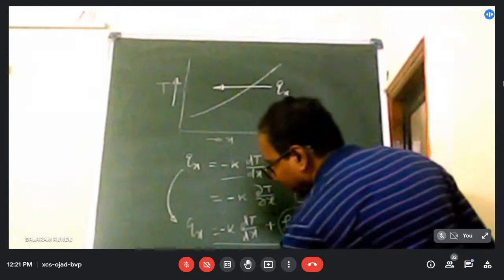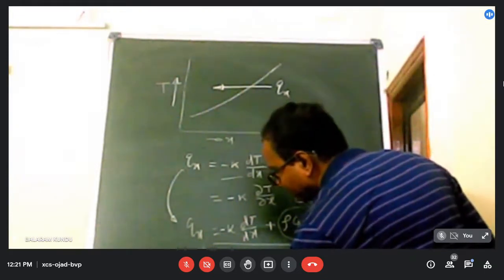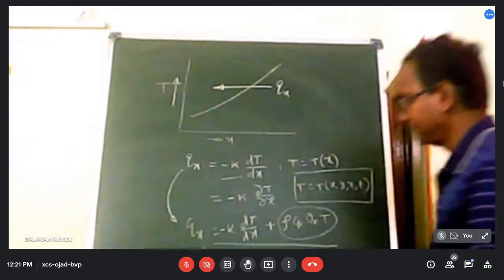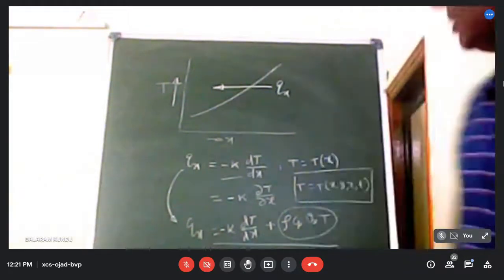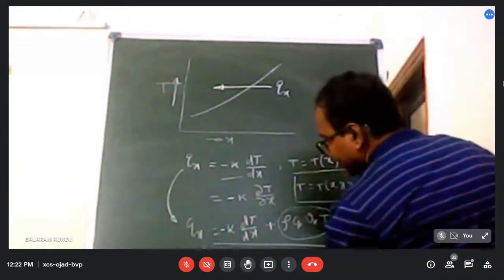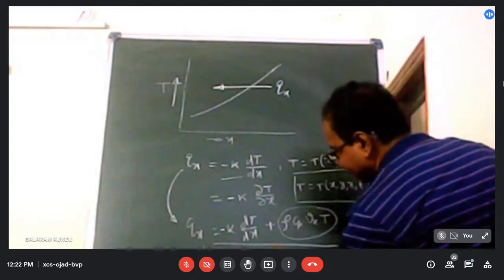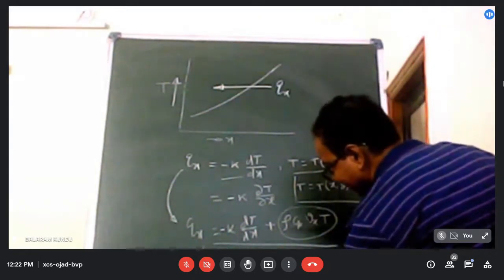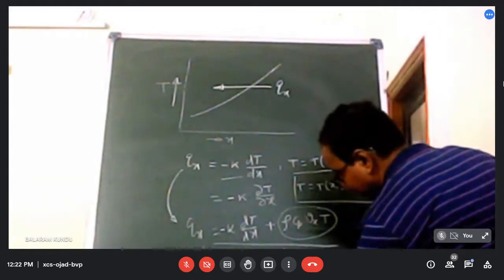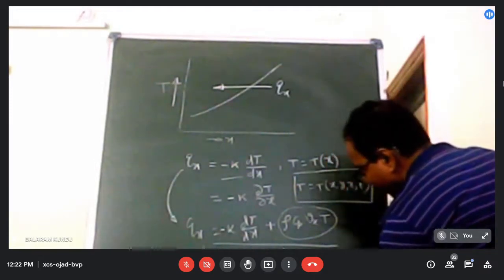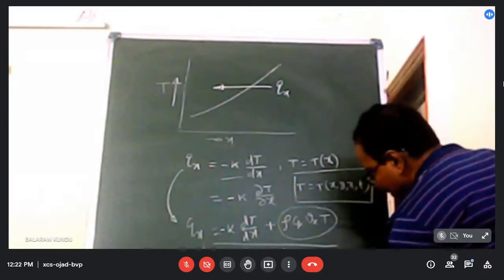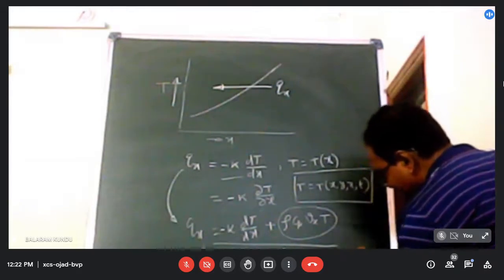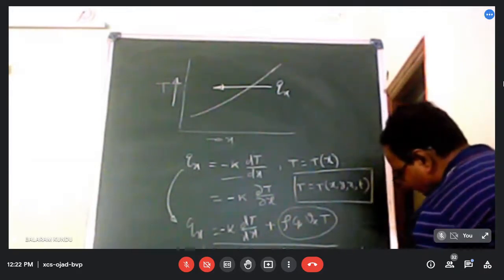Now you want to determine Qx at x equal to 1. That is equal to minus K into dT/dx at x equal to 1, plus rho into Cp into Vx into T at x equal to 1.